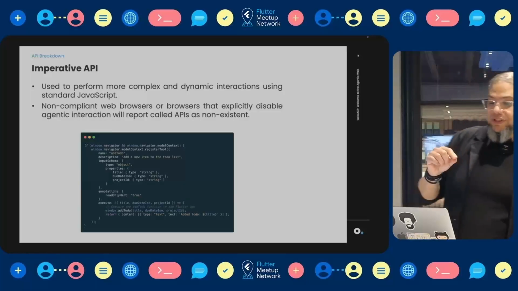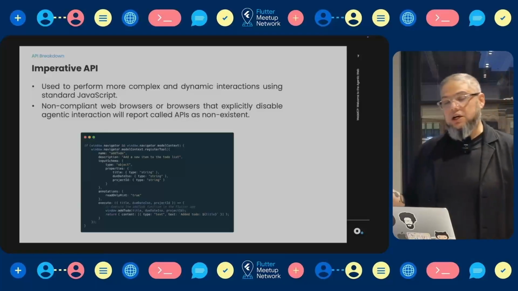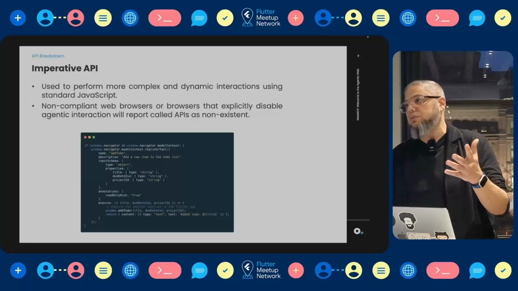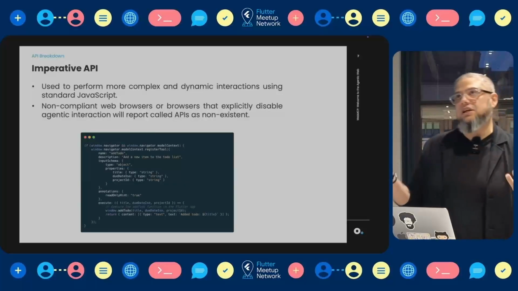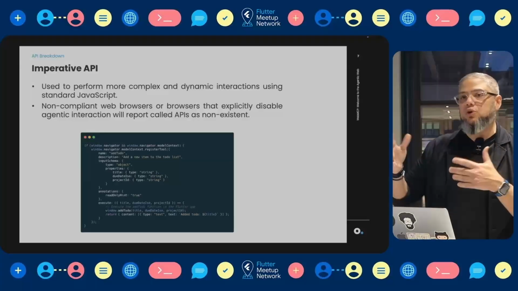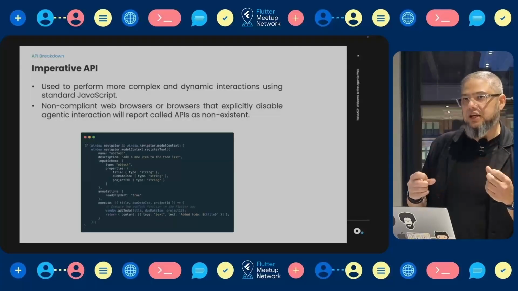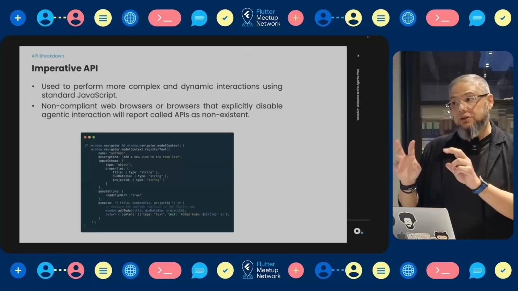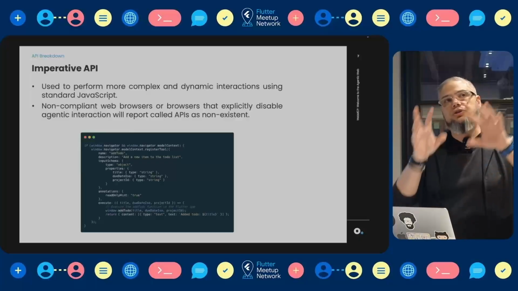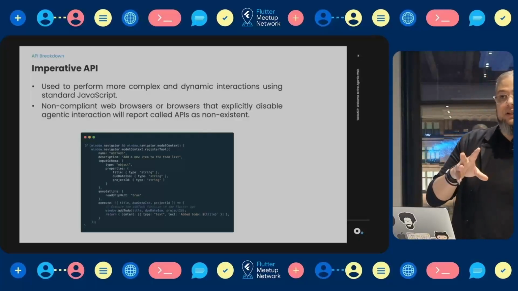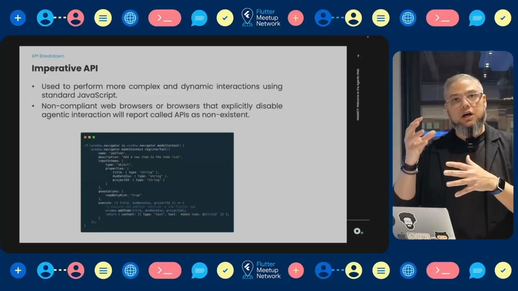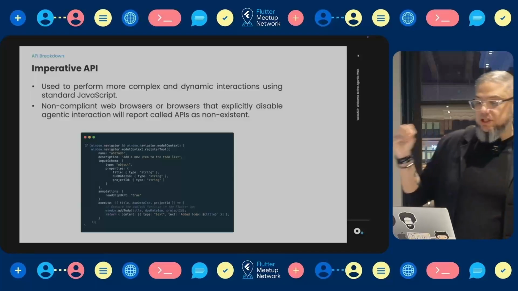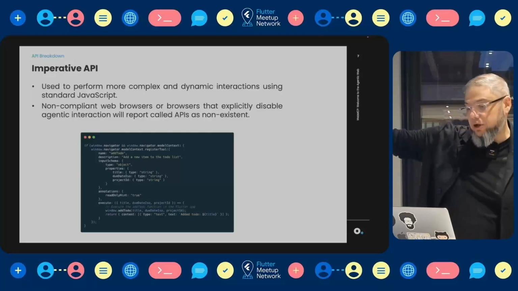But I want to point out first that non-compliant web browsers that, for example, disable agentic interactions will behave as if you are disabling scripts in your page: they will simply be ignored, because this is the way browsers are built right now. If the browser detects some JavaScript code that it doesn't recognize, because the way the imperative API works is by exposing this object that you see right here that is called the model context.